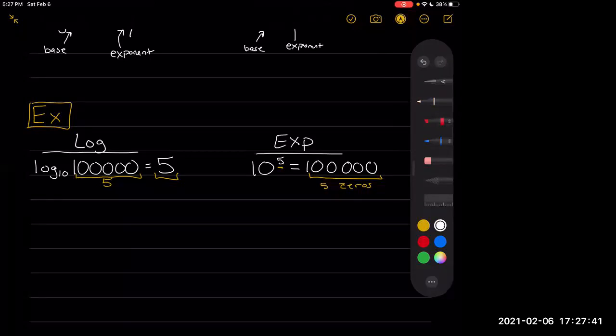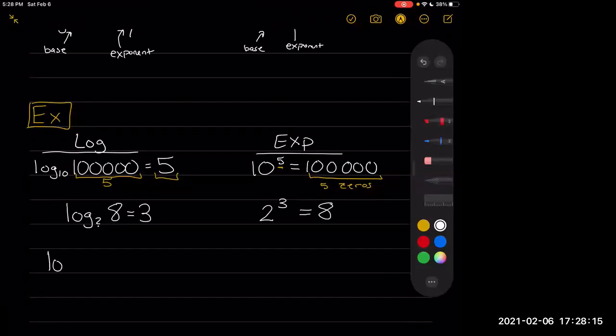But then we can also look at log base 2 of 8. This equals 3. That means 2 raised to the 3rd power equals 8. So what do we need to raise 2 to get 8? The answer is 3, and checking, 2 cubed equals 8.